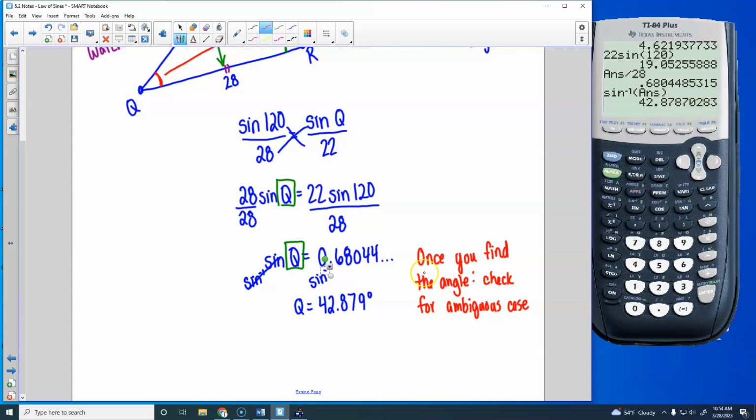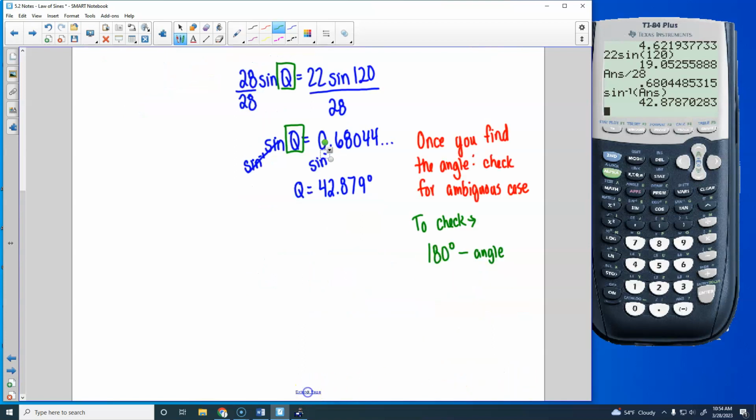All right, so you have to check for ambiguous case. Here is how you do that. Okay, so to check, you are going to do 180 degrees minus the angle you just found.